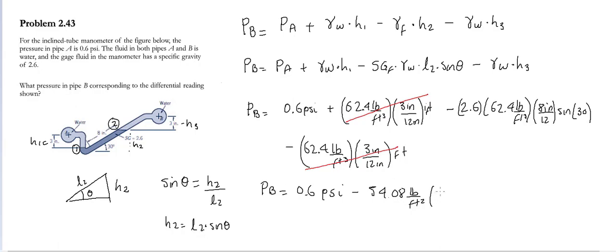And we simply say that 1 foot is equal to 12 inches, and we have to do it square. This value over here will convert into 0.3755 psi. Therefore, the value of PB at the end is equal to 0.224 psi.